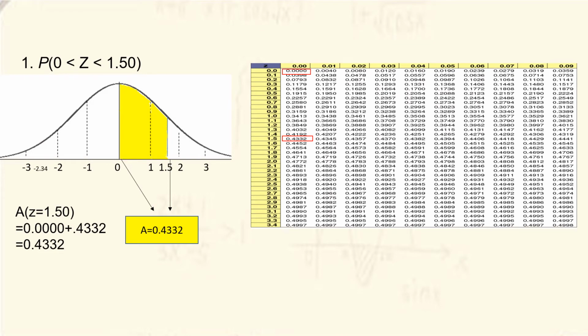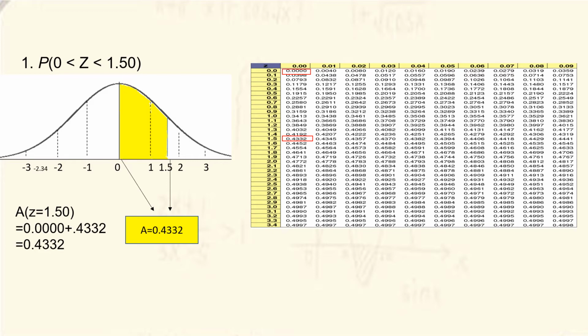For number 1, the probability 0 is less than z less than 1.50. To find the shaded region, since the values of z are 0 and 1.50, the shaded area will start from 0 to 1.50. And to find the area, first we have to convert z values to standardized random variable with the use of the standard normal distribution table.